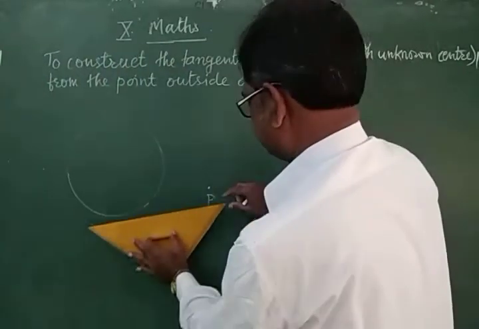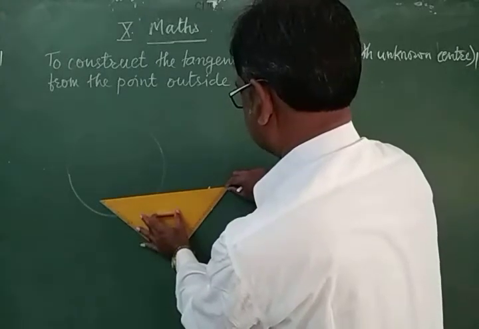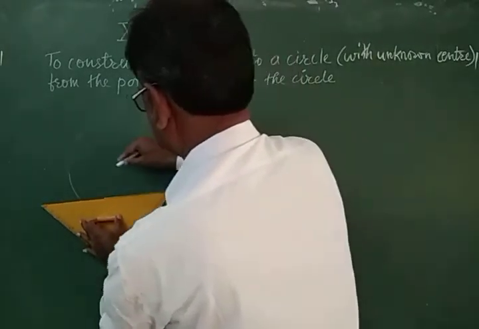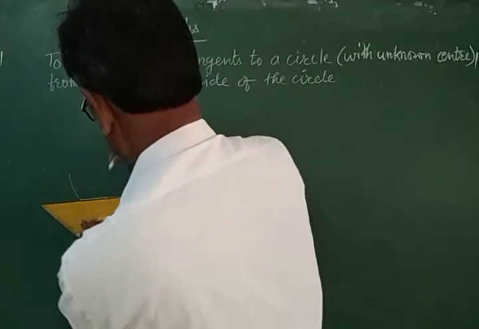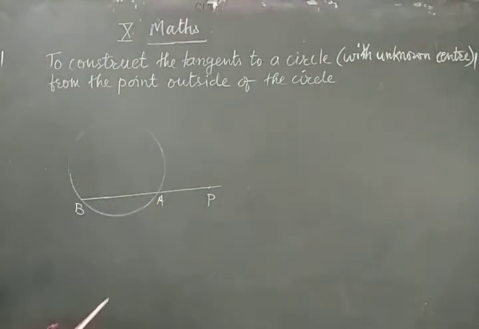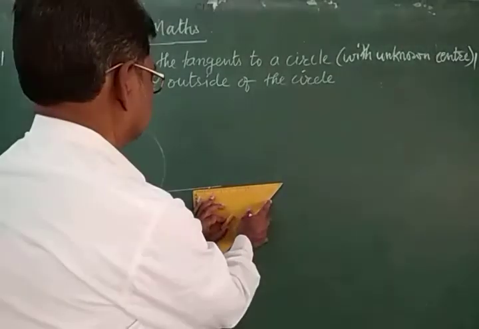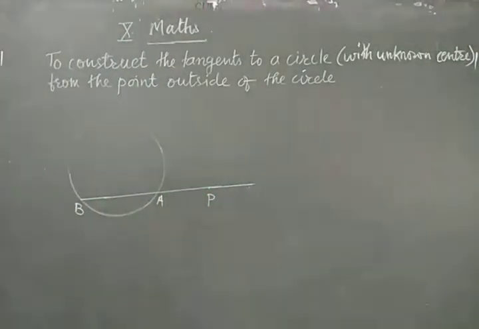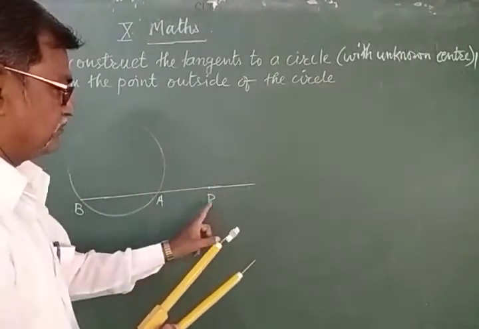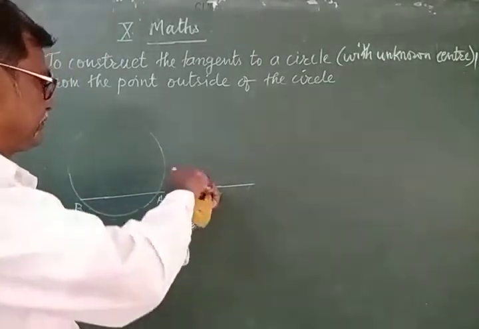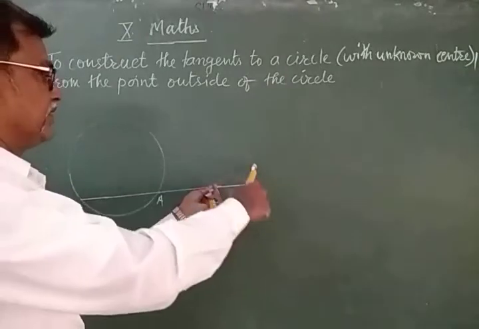The first step is to draw a secant PAB. Then produce BP to PC such that PA will be equal to PC.